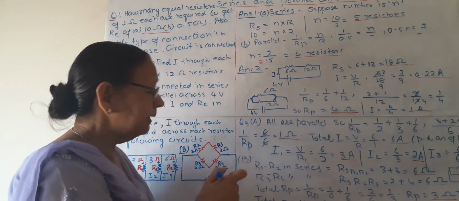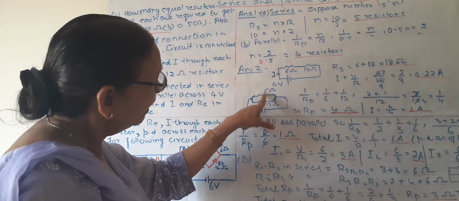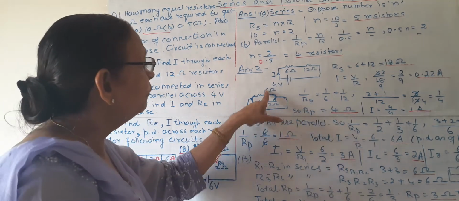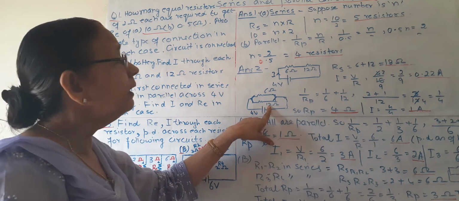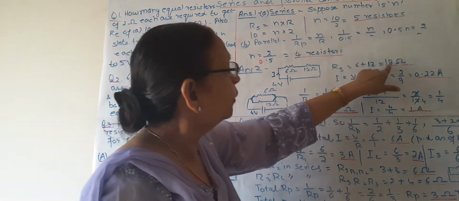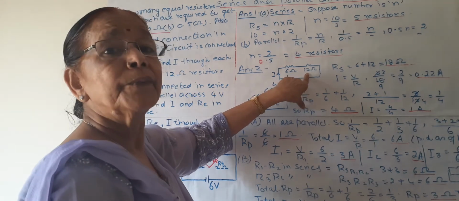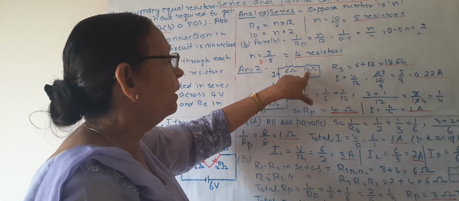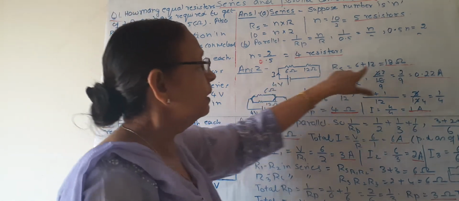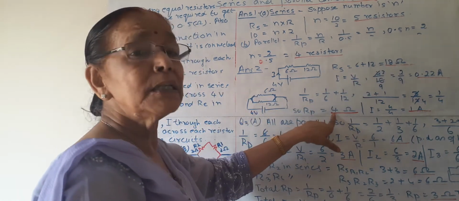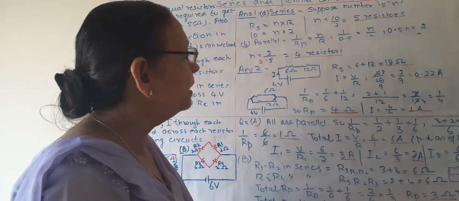So we can see in parallel the total R is always less than the individual. Here the total R is always more than the individual. Here 12 is the maximum, but it is 18. Here 6 is the minimum, but it is 4. So RP is 4.